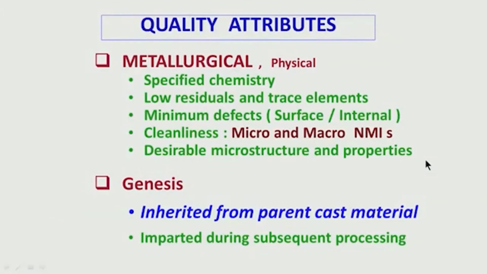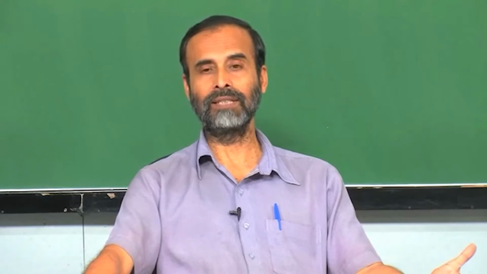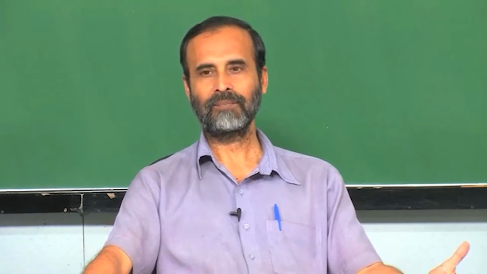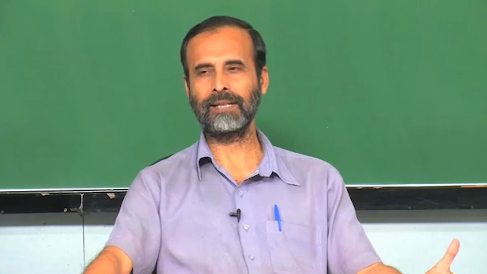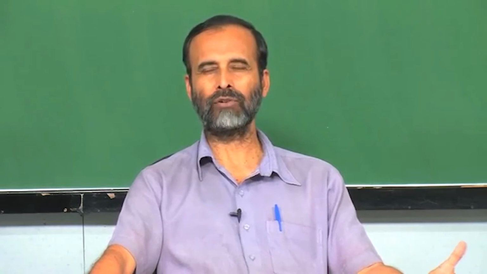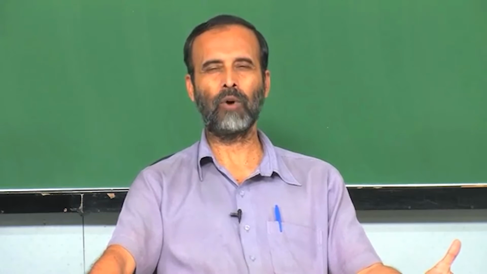Then another requirement which I had talked about was the desirable microstructure and properties, because it is quite obvious that the particular steel component or product has to meet the final desirable properties for which it is meant, and for which microstructure is going to play a very important role.